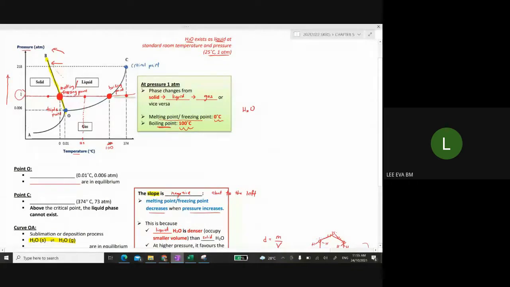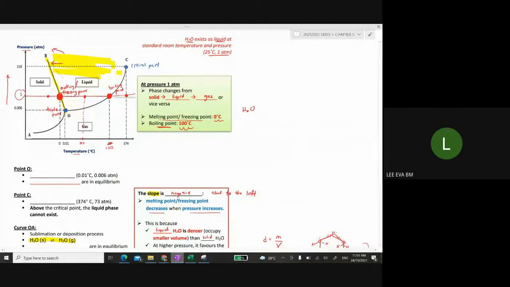So if you look over here, if you increase the pressure, we prefer to have a liquid, which has a higher density, smaller volume. So three of these points are linked: high pressure, smaller volume, higher density.